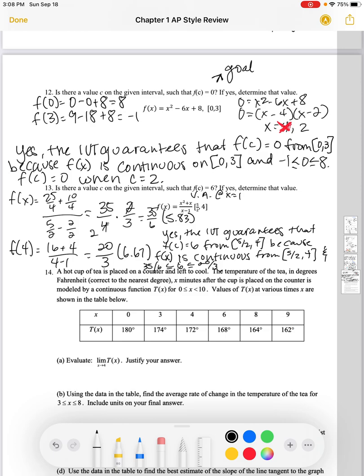Okay. So then the next part that we need to figure out is when is it equal to 6? So I'm going to set 6 equal to my function, x squared plus x over x minus 1. And well, I need to get rid of the fraction, so I'm going to multiply both sides by x minus 1. So this is going to be 6 times x minus 1.